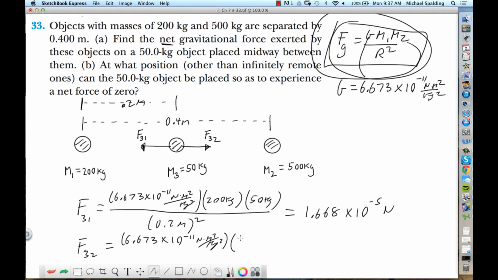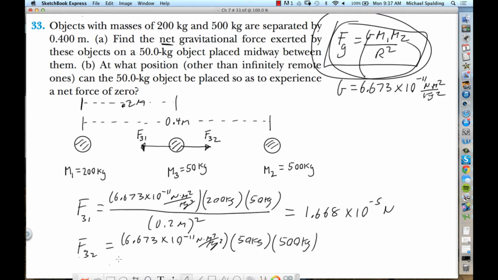So we go 50 kilograms and 500 kilograms, divided by the distance between them, which is 0.2 meters squared. And then that force is 4.171 times 10 to the negative fifth.